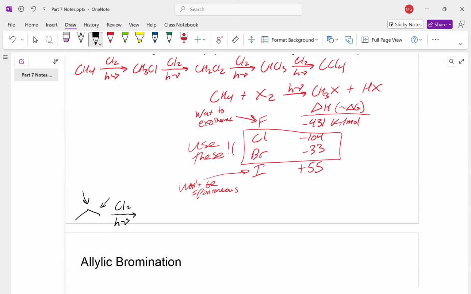Which one do you think will be the predominant location to replace? And you want to think about, well, what would give me the more stable intermediate, the more stable radical? So what we call the major product here would put the chlorine there because that comes from the more stable secondary radical.